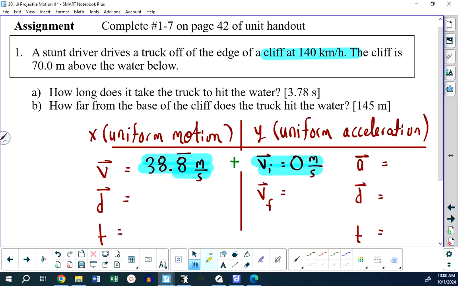What do we know? Well, we know that this is negative 9.81. And again, so many students, so many classes, so many recordings, I lose track sometimes. I don't know that I've really pointed this out or in what fashion I have. In every projectile motion problem we have done, we don't need the negatives. Does that make sense to you? Because if vi is 0, then everything is downward.